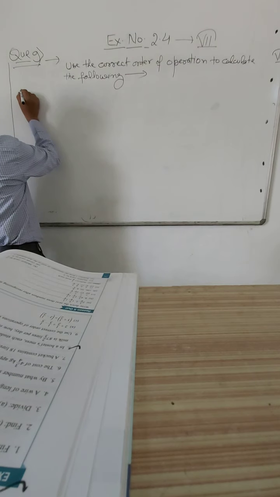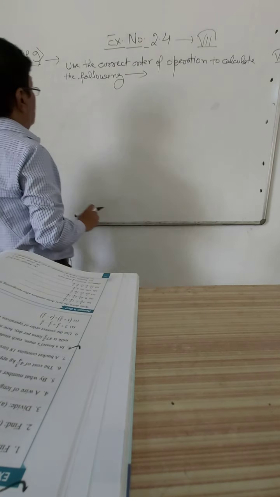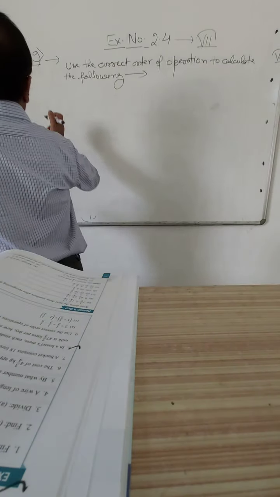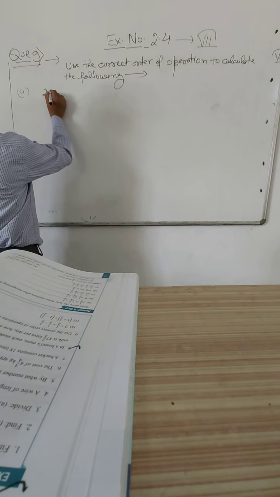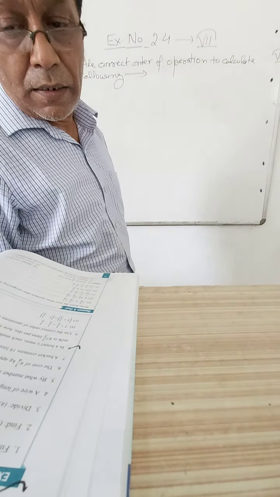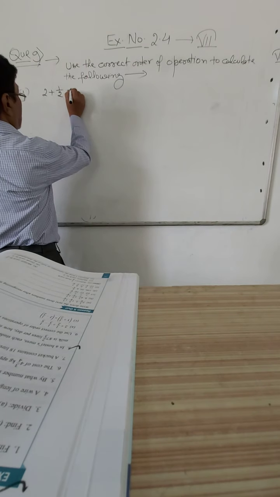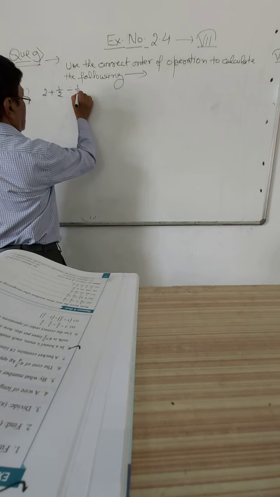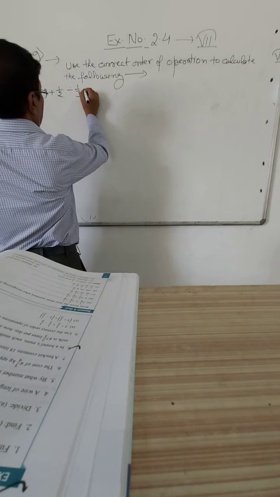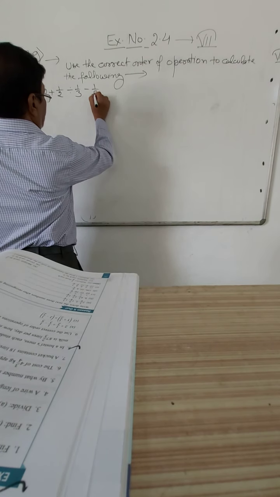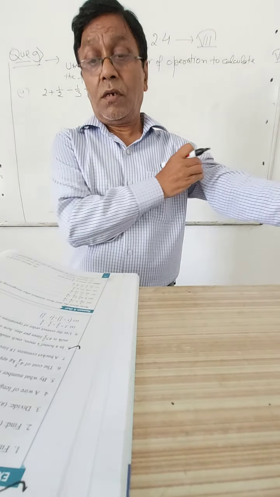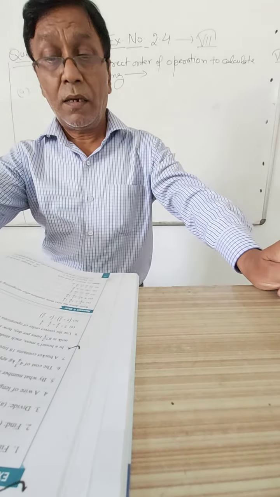In this one, question number 9: 2 plus 1/2 divided by 1/3 minus 1/5.